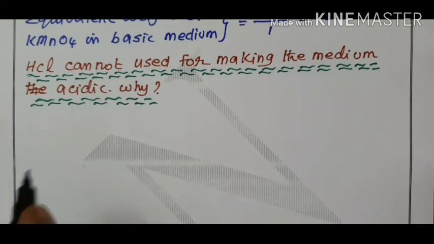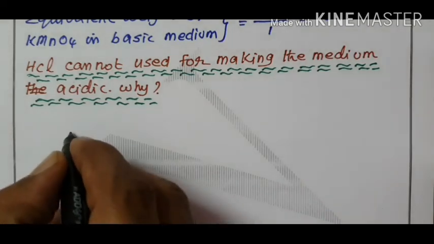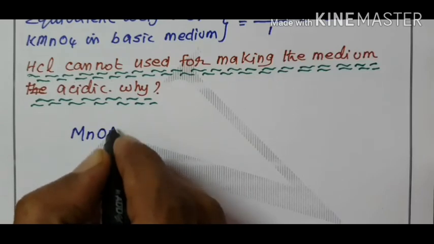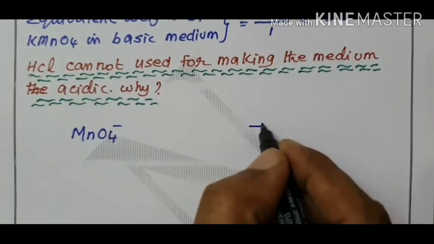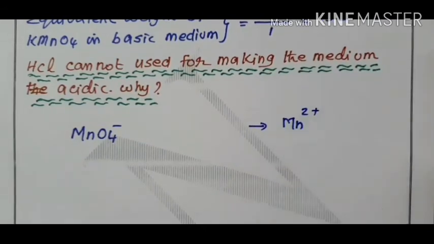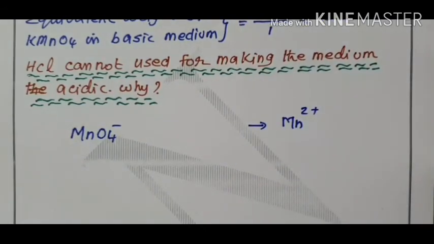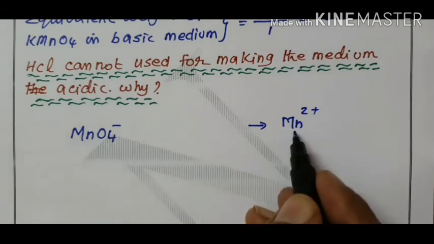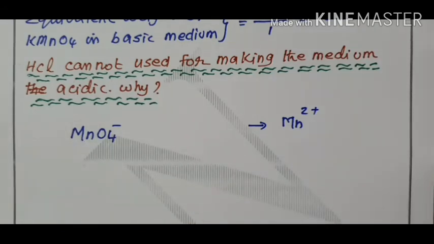Now I write the equation. You know, in acidic medium, permanganate ion is reduced into Mn2 plus ion. You know the balancing also. First we have to balance the metal, 1 manganese, 1 manganese. Second, oxygen.